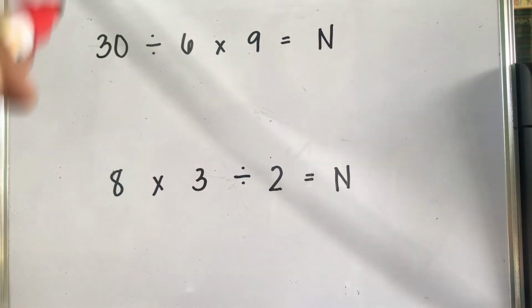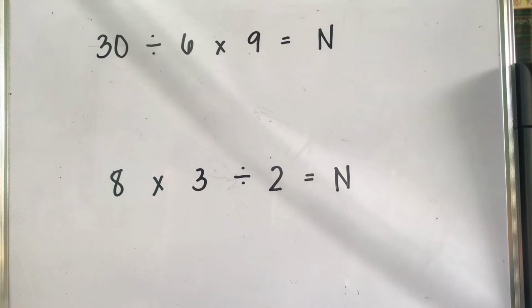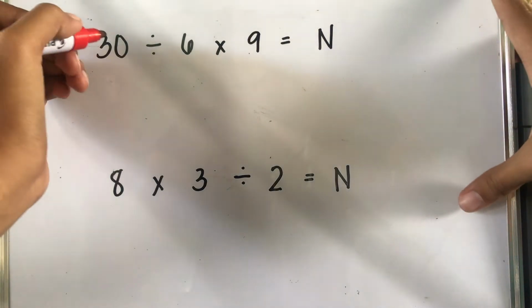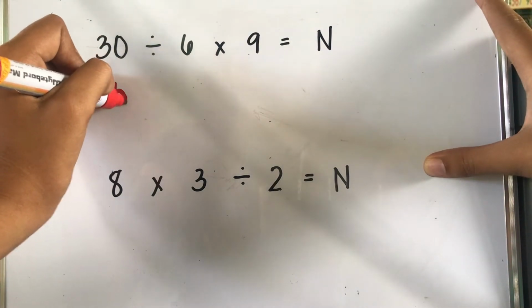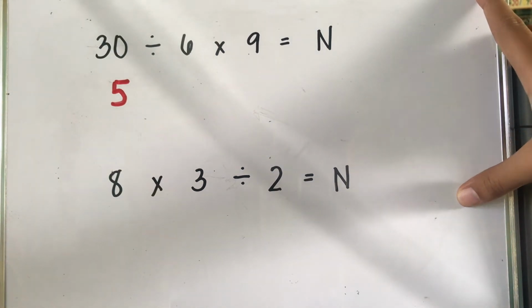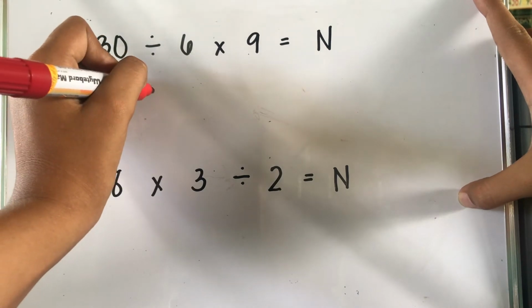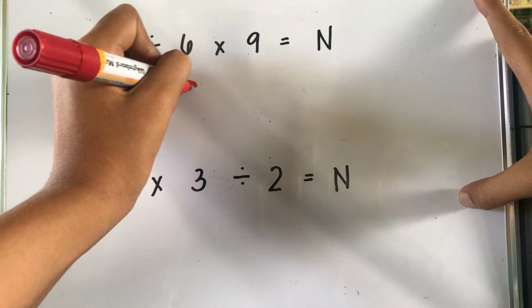Let's have 30 divided by 6. What is 30 divided by 6? That's right, it's 5. So you write 5 and then you copy the remaining digits. So we have times 9.